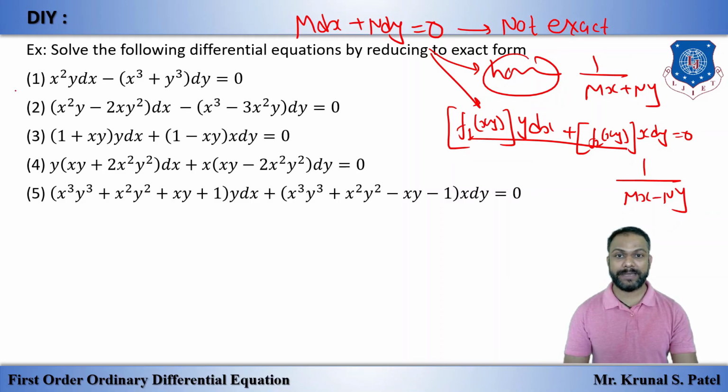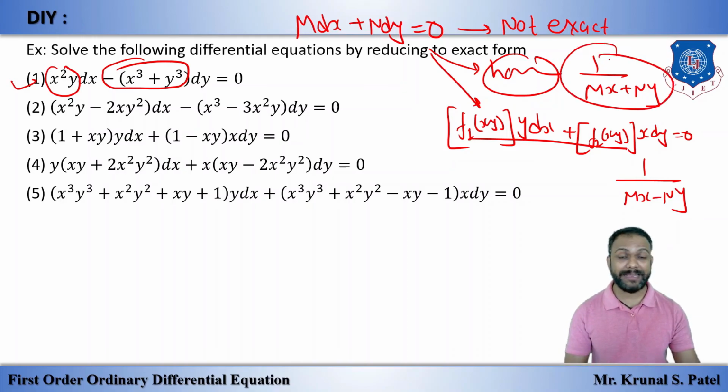So now you can identify this is homogeneous, 3 degree, 3 degree, 3 degree. But before that, you have to check by taking M and by taking N, and if it is directly exact, then no need to use this IF. Otherwise, the IF will be 1 only. Now this is also homogeneous, I must say, because 3 degree, 3 degree, 3 degree, and 3 degree.